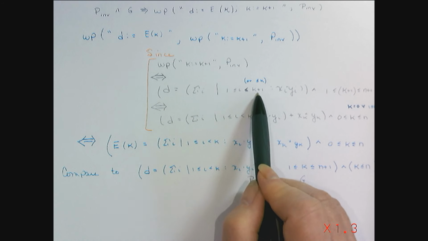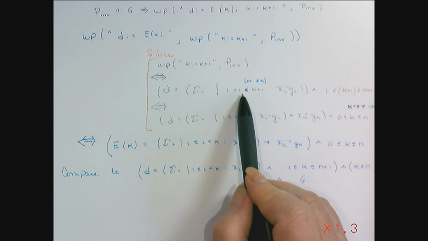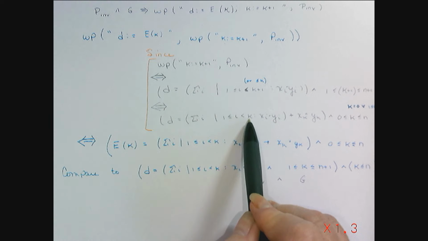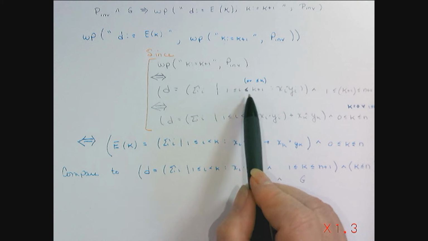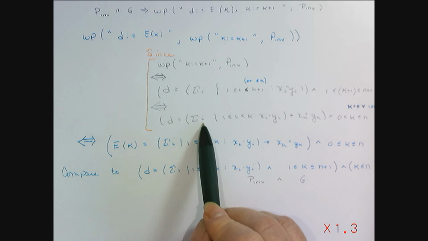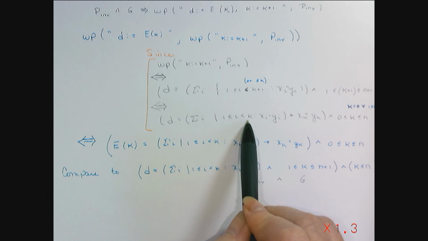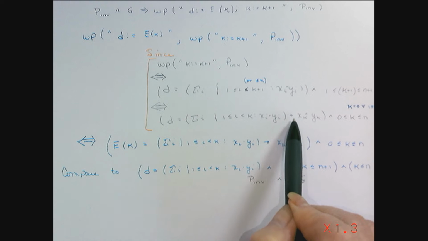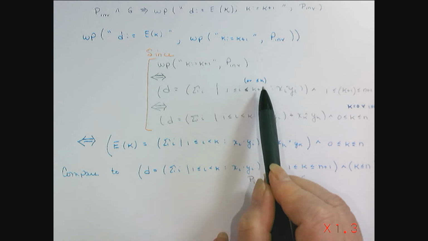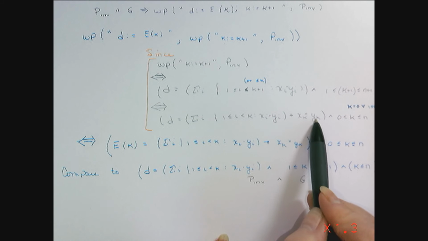So I'm going to split this range into the ranges where i is greater than or equal to 1 and less than k, or i is equal to k. So splitting the sum, I end up with the sum of i from 1 strictly less than k of xi times yi, plus, when i is equal to k, it gives me xk times yk.